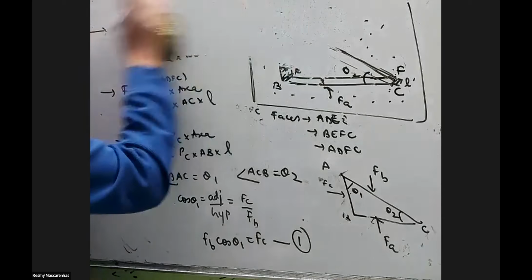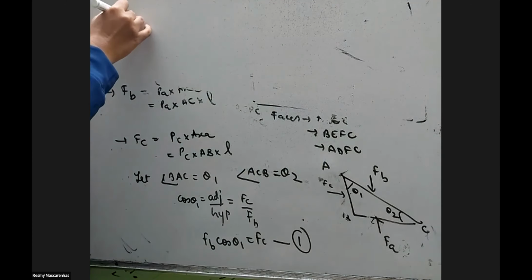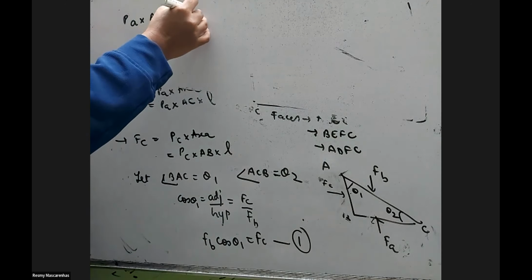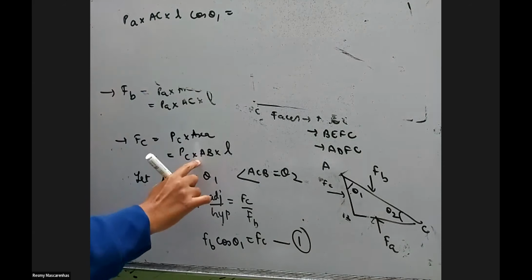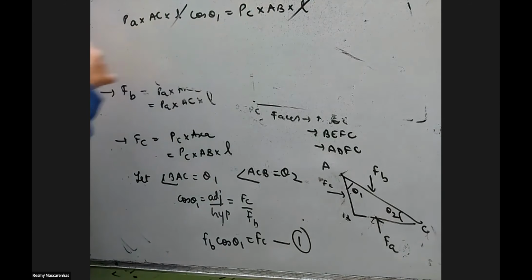Now you substitute the values. Fb is how much? Pa into AC into L cos theta 1. What is Fc? Pc into AB into L. L and L will cancel. This is Pb, sorry, wait.